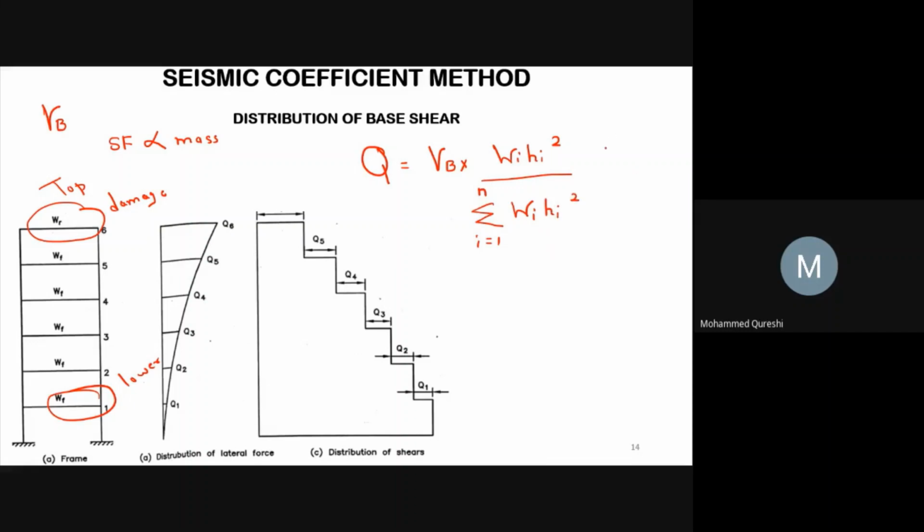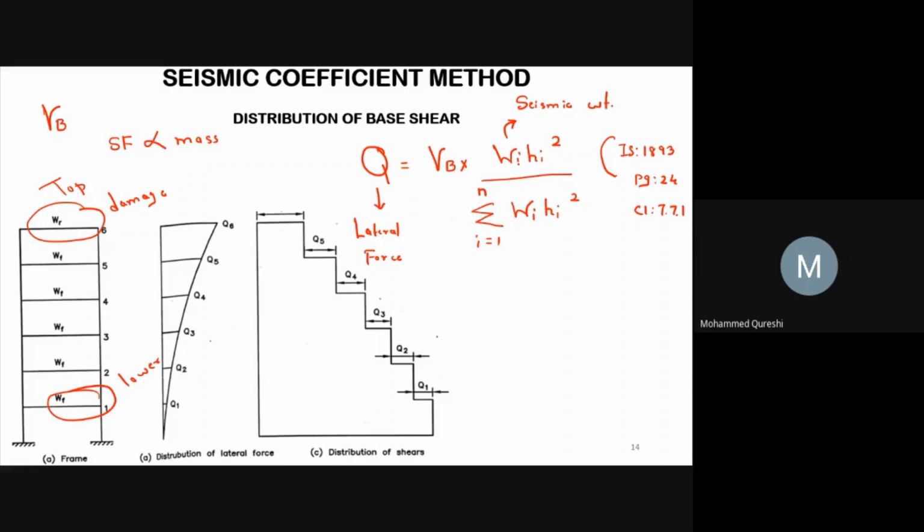This equation is given in IS 1893 Part 1 2002, page 24, clause 7.7.1, where Q is nothing but the lateral force, and Wi is nothing but the seismic weight of the particular floor.